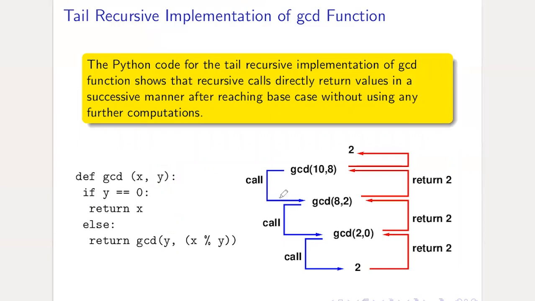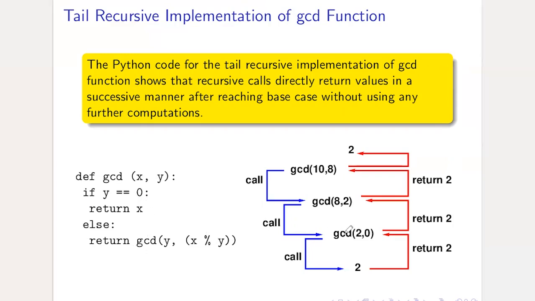So 10 divided by 8, remainder is 2, because 8 times 1 plus 2 is 10. And then when you check the second parameter y, it is not equal to 0.